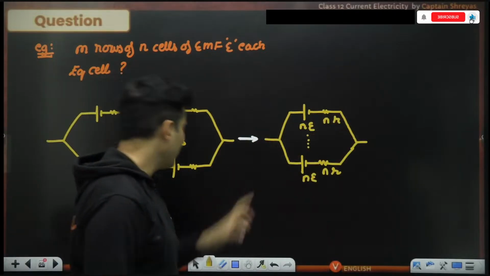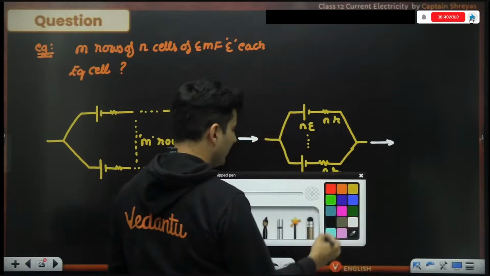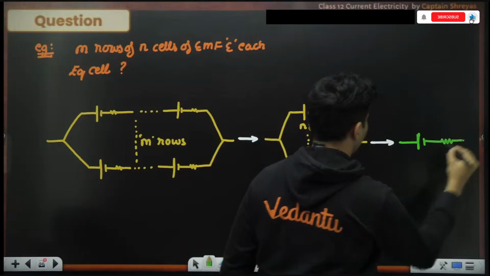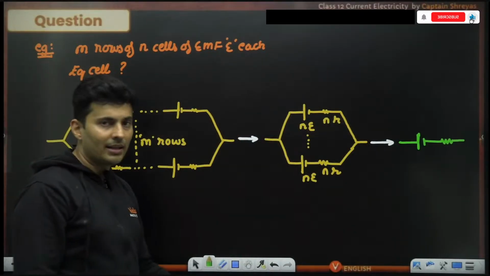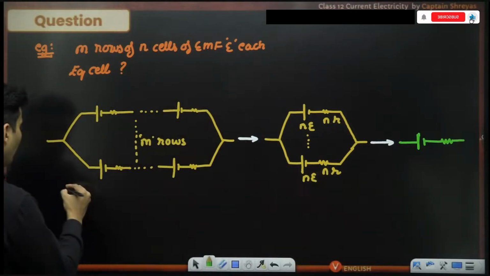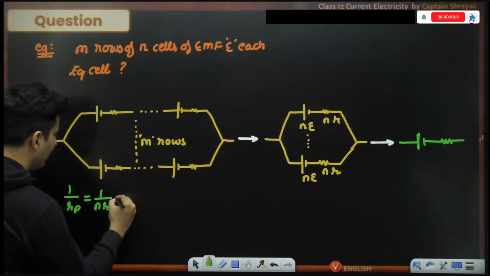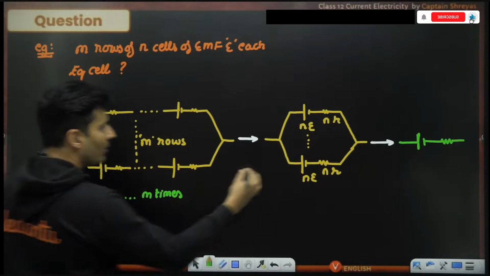Okay. So can I convert this also into a single EMF? Definitely, why not? A single EMF and a single internal resistance. That is what the question is. What is the equivalent cell? Use the parallel resistors formula. Starting off with what will be 1 by Rp. It will be 1 by nr, like that, m number of times, because there are how many rows?